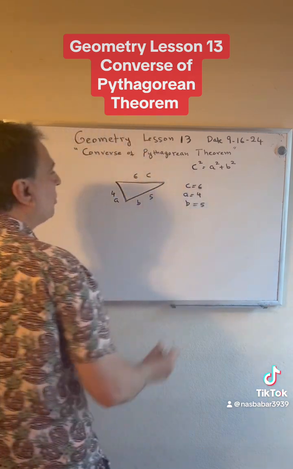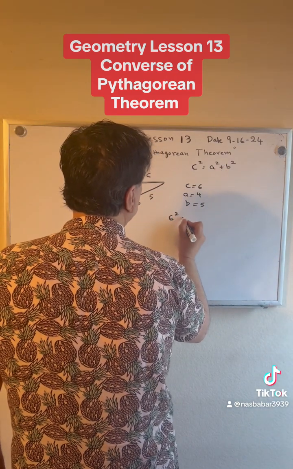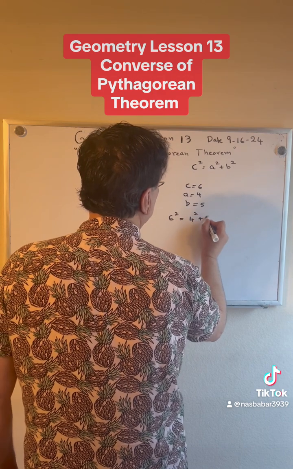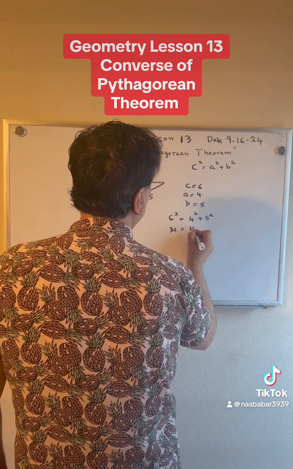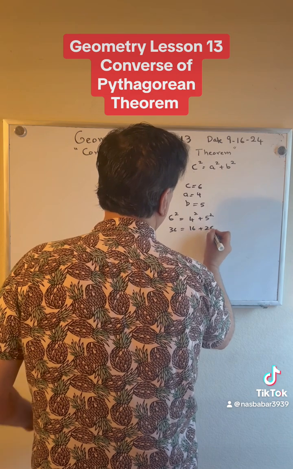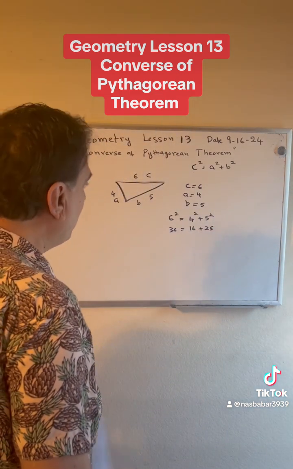Let's apply the Pythagorean formula. C is 6 square, which is equal to A square plus B square. 6 sixes are 36, 4 fours are 16, and then 5 square is 25. So 25 plus 16 is what? 41.